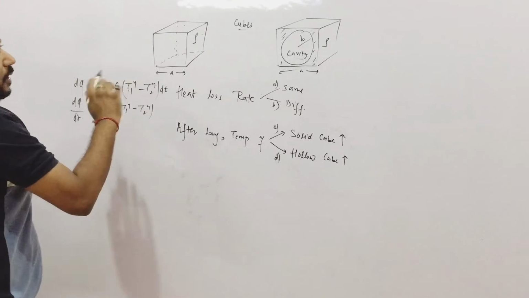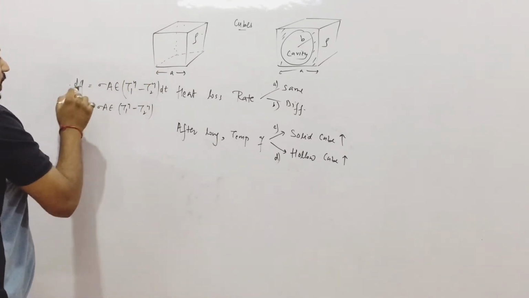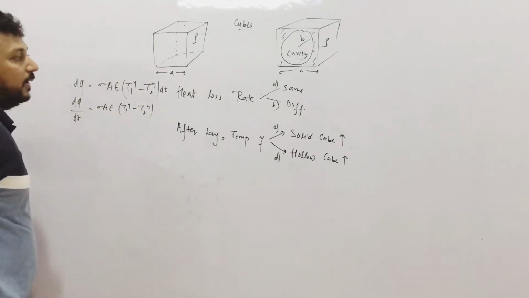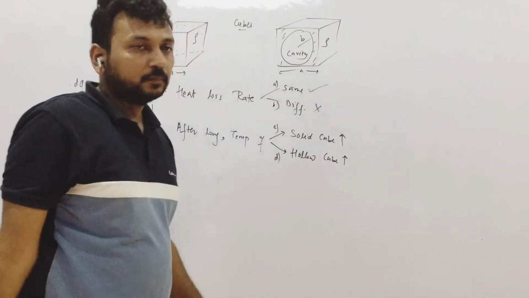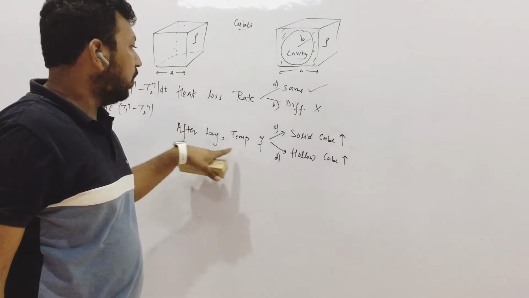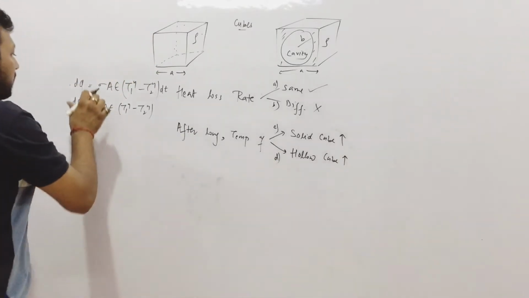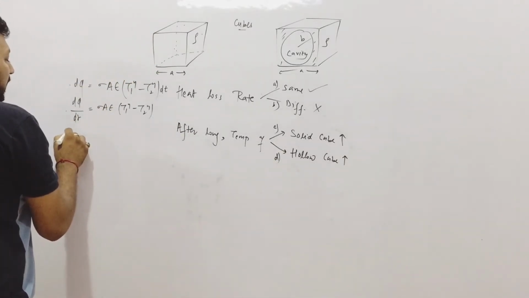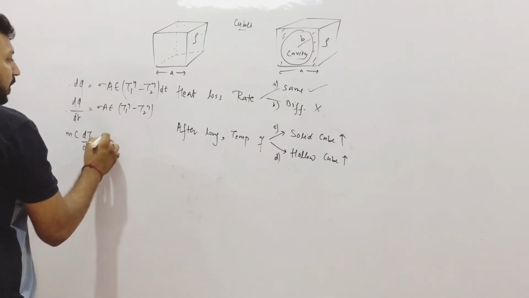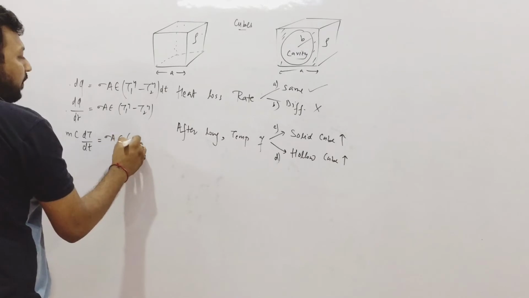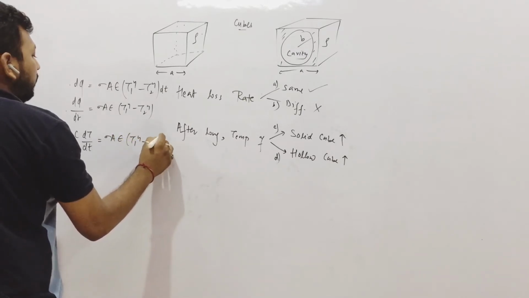So in these cases, dQ by dt is the same for both. That means the heat loss rate is the same, not different. Talking about what the temperature will be after a long time: dQ is m c dT, so dT upon dt equals sigma A emissivity (T to the power 4 minus T2 to the power 4) divided by m c.